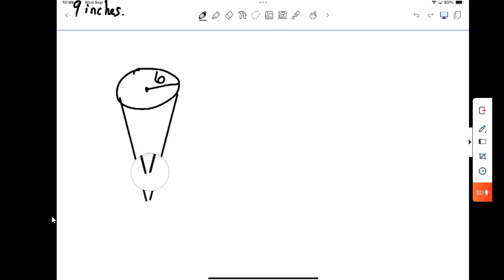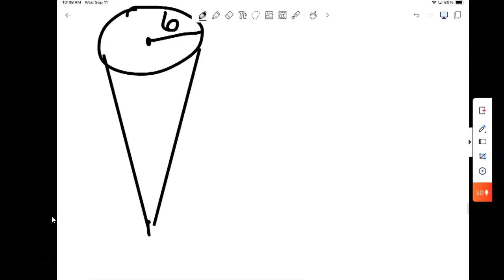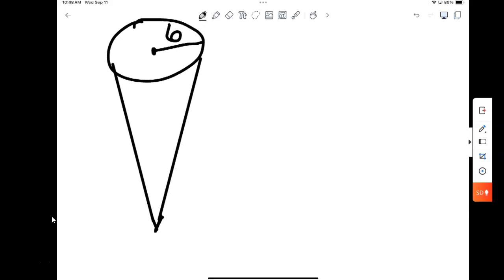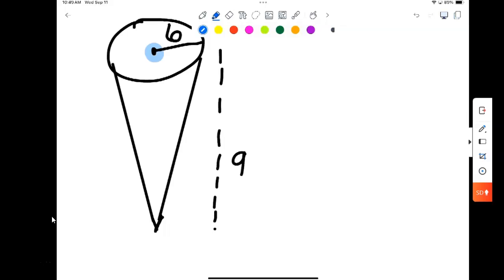We know that this cone has a height of 9 inches. And what we're going to do is drill a hole through this cone, and that hole is going to come straight down through.